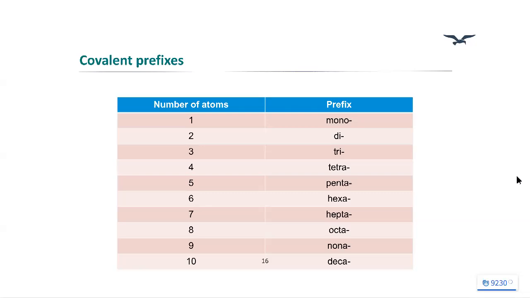For three, it's tri, pretty familiar. For four, it's tetra. Tetra will become much more useful to us. We'll find ourselves using it a lot more when we talk about molecular shapes in chapter 5. 5, penta. 6, hexa, relatively straightforward. 7, hepta instead of septa. 8, octa, again, familiar. 9, nona. 10, deca.